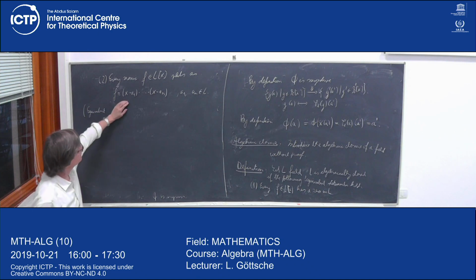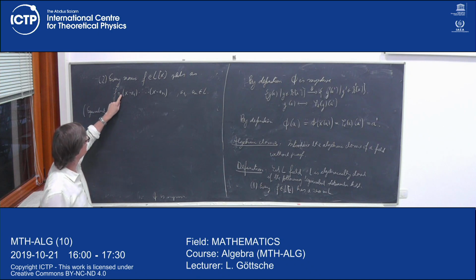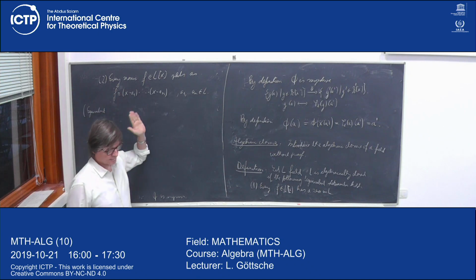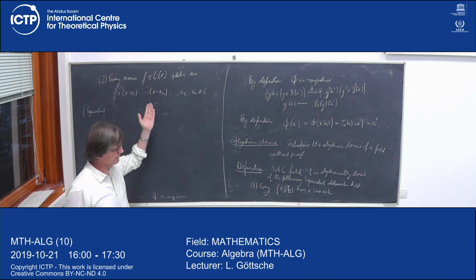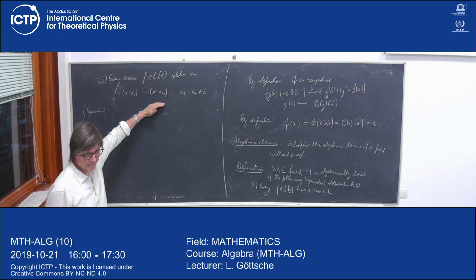So the second statement is stronger. A general polynomial is just some constant, it has a leading term that doesn't need to be 1, but it will be something, so we just have c. It will therefore split as this constant times this, and so in particular it has zeros.